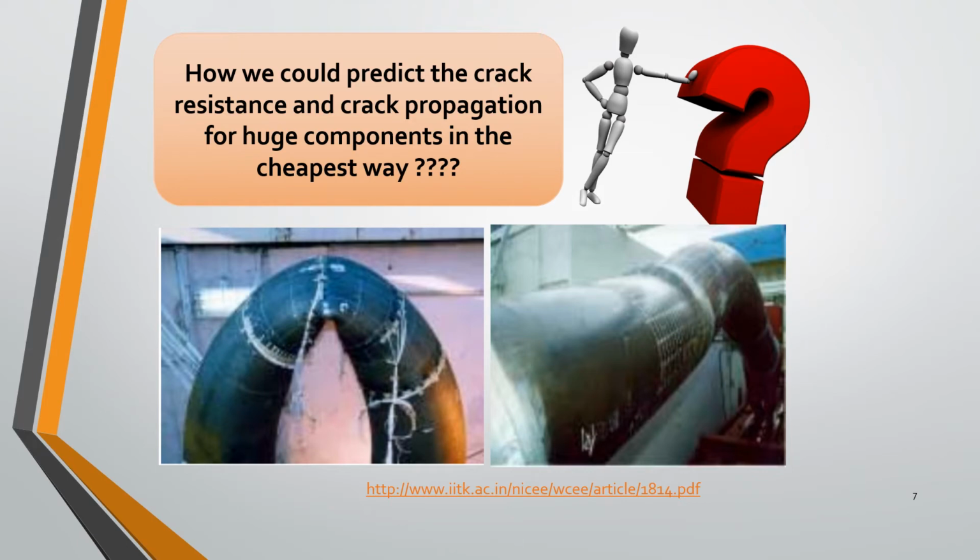But still, we need to find a way that we can predict the failure in the cheapest way. As you know, if we want to make experiments on a pipeline, it will take a lot of money and also special equipment for such kind of tests. So we have to find a way to predict the failure of pipe in the cheapest way, and the results that we find have to be correct.